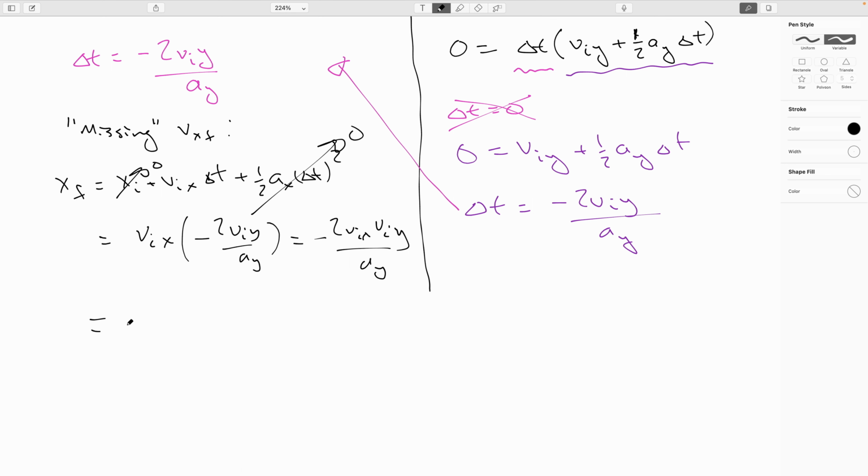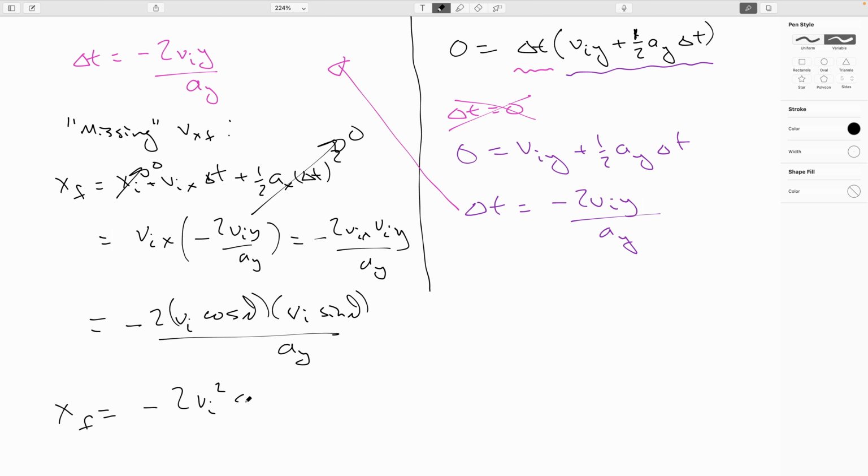This will be minus 2 v initial x was v initial cosine theta, v initial y was v initial sine theta, over a sub y. Finally, we can clean that up just a little bit more to get that x final equals minus 2 v initial squared sine theta cosine theta over a sub y.